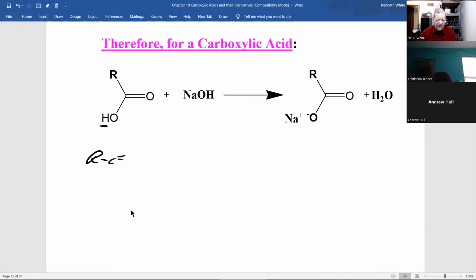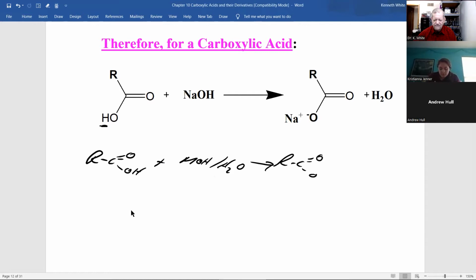I expanded what I had on my slide. Where M is lithium, potassium, or sodium, and this is called a carboxylate anion.